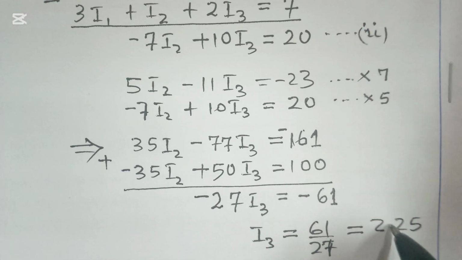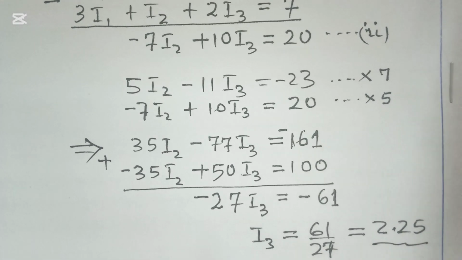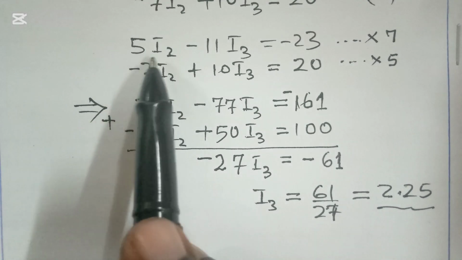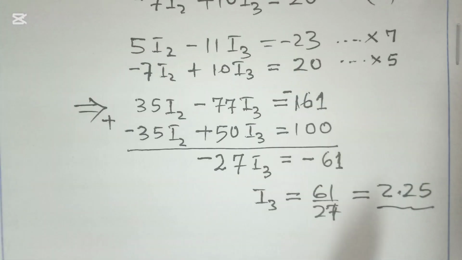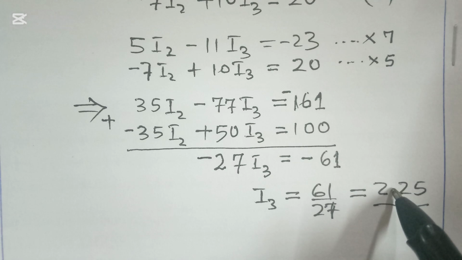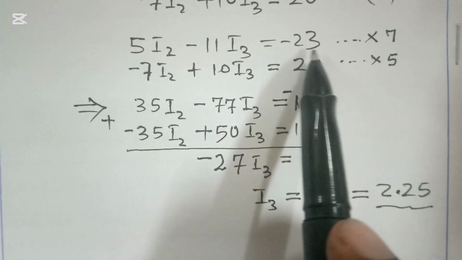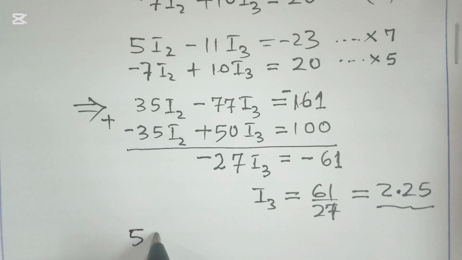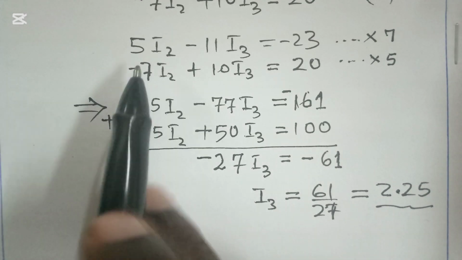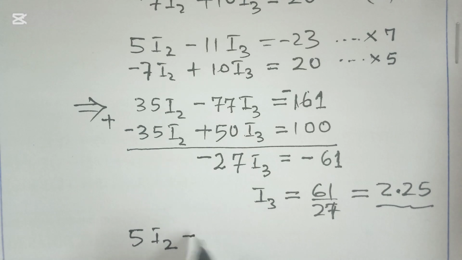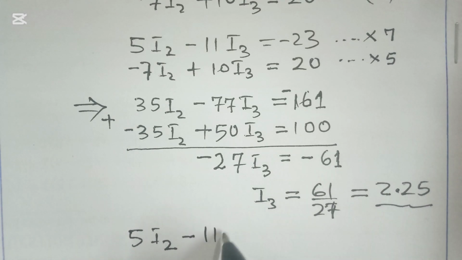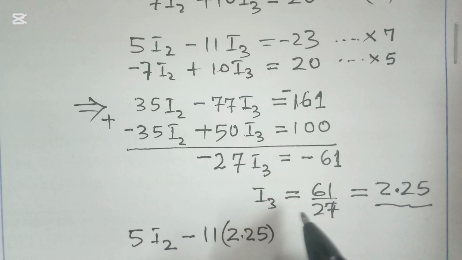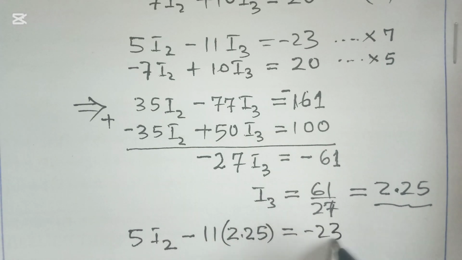So from there, guys, we can now replace in our equation here, so that we can now be able to get the I2. So using this equation, you can write that equation 5, 5I2 minus 11, we put now 2.25, equals negative 23.